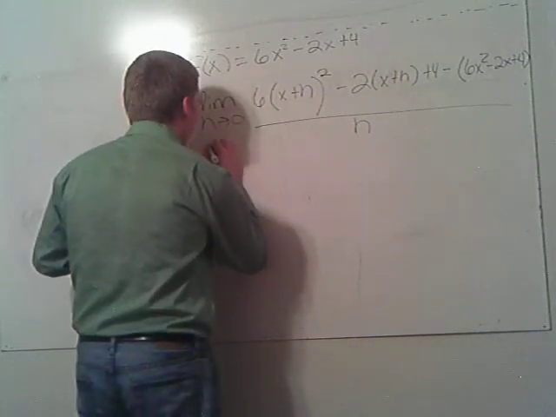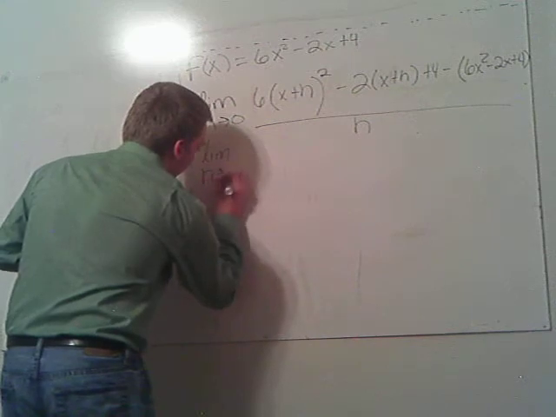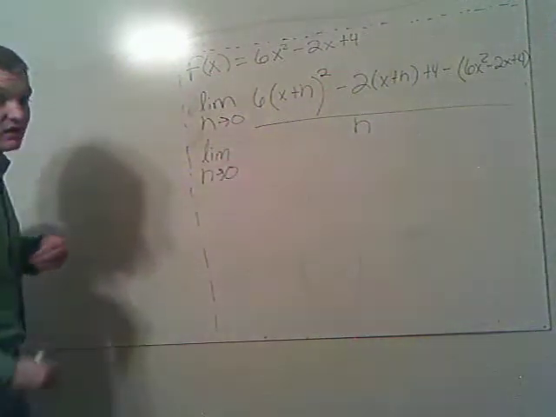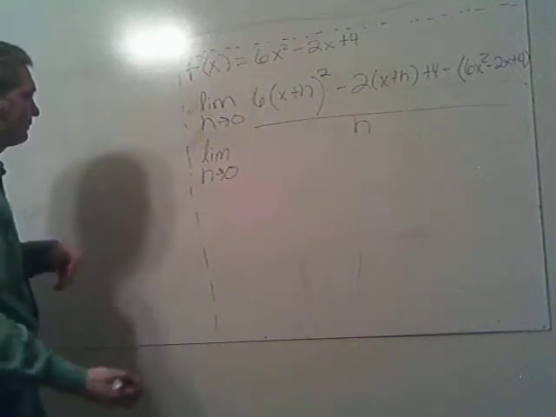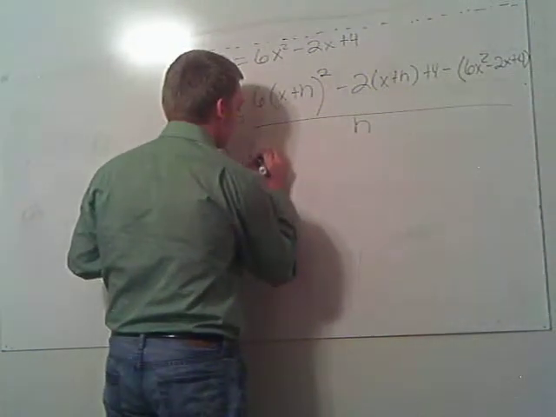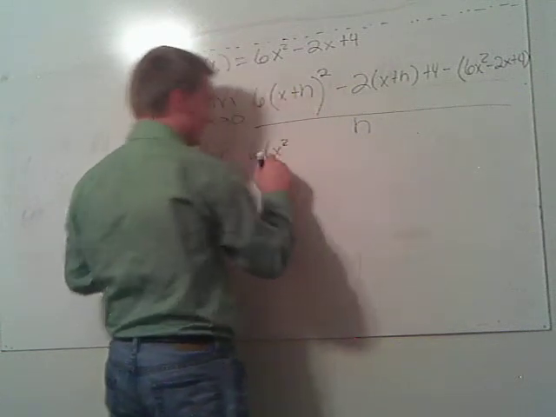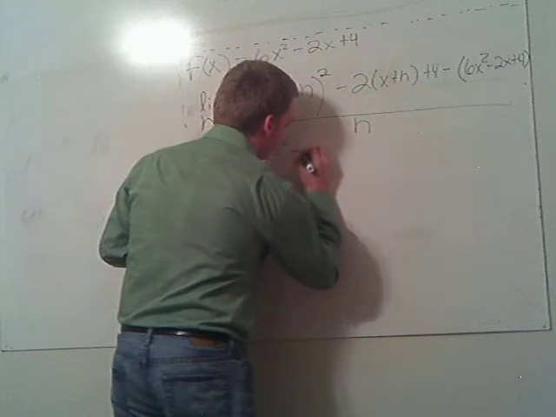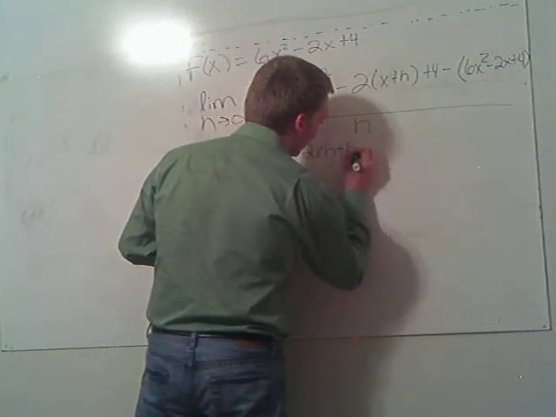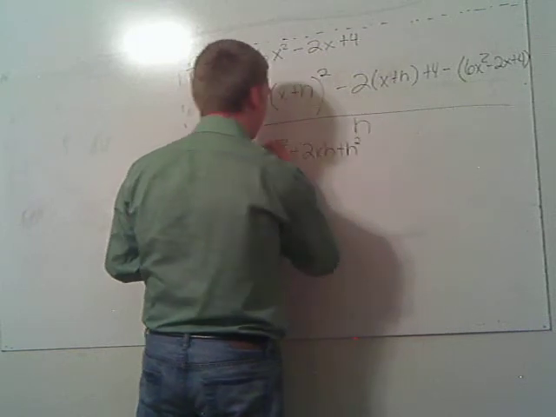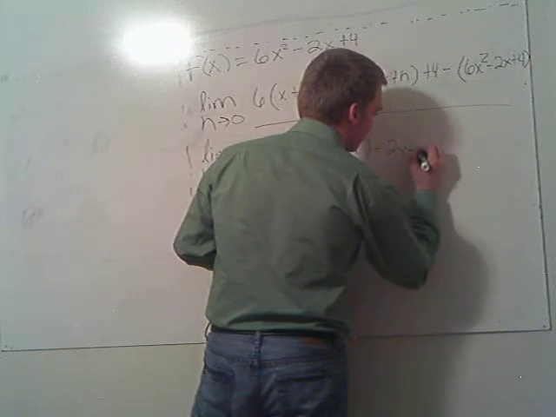So we rewrite the limit, and always rewrite the limit until you go to evaluate it. Then it becomes numerical, and then you get an answer. We have 6 times, and when you FOIL this, you'll get x squared plus 2xh plus h squared, minus 2x minus 2h.